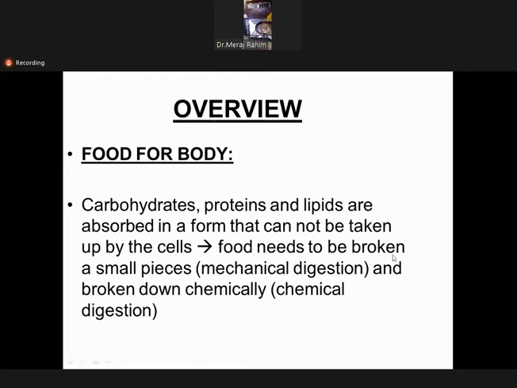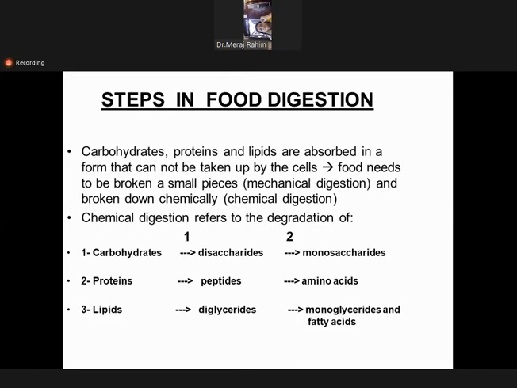So the food needs to be broken down into small pieces, and that is done in the mouth. And then food enters, and when it mixes with the enzymes, a chemical digestion also begins. So this is how the three major food nutrients which we are taking, that is the carbohydrates, the proteins and the fats.